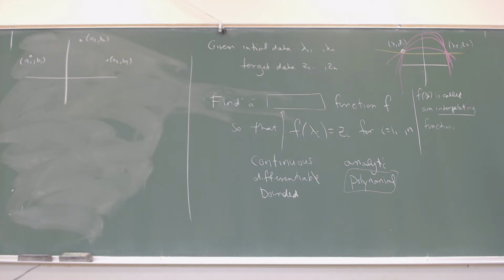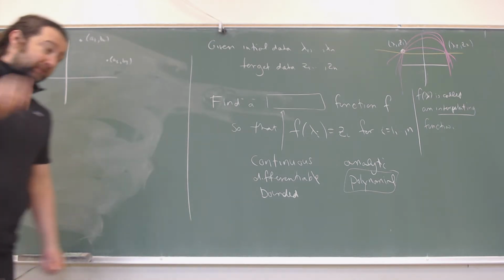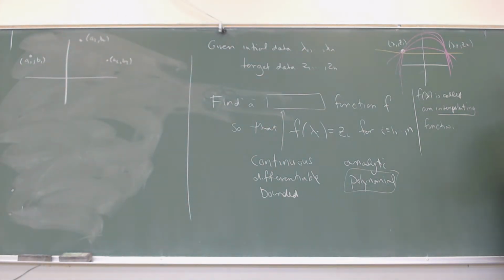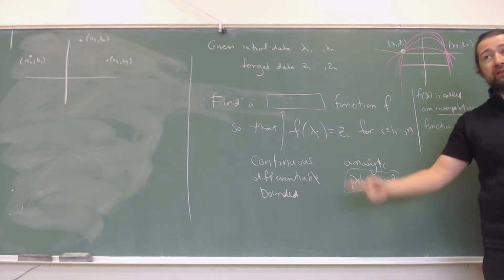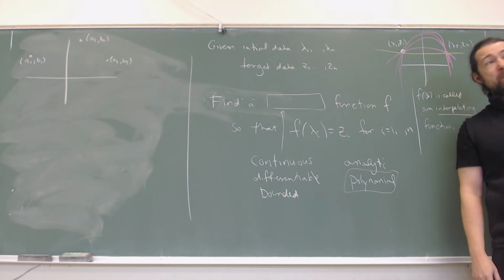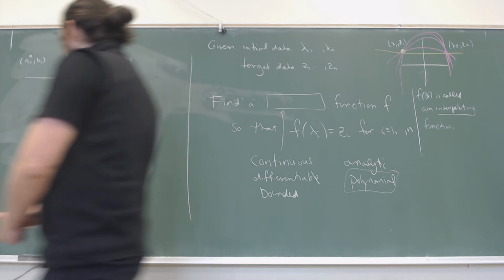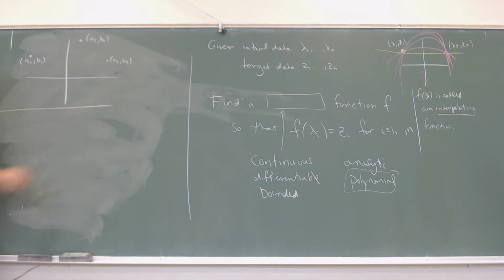So, when you're faced with an interpolation problem, basically the only 2 hopes that you have are elbow grease or a lucky guess. The elbow grease solution to this is to say, well, maybe a parabola does it. So the big question becomes, how do you find an interpolating function?